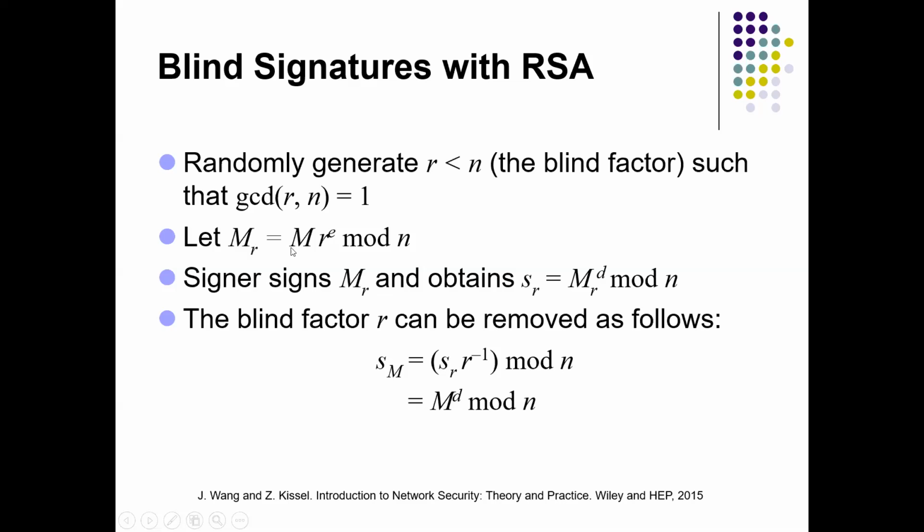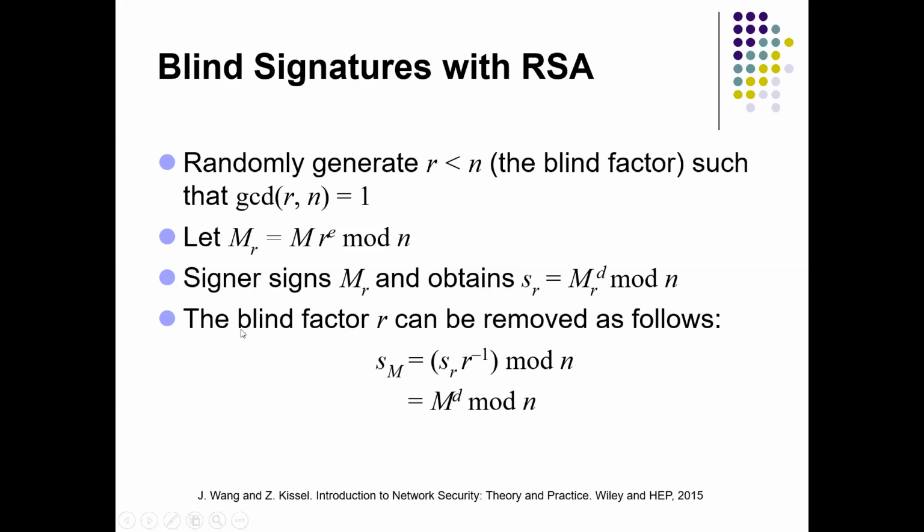The signer won't be able to see what M is. So I present M sub R to the signer. The signer signs M sub R, which means the signer will carry out this calculation: raise M sub R to the D's power and take the modulus. The signature on M sub R is S sub R. Now remember, we can use the fast exponentiation algorithm to compute this efficiently.